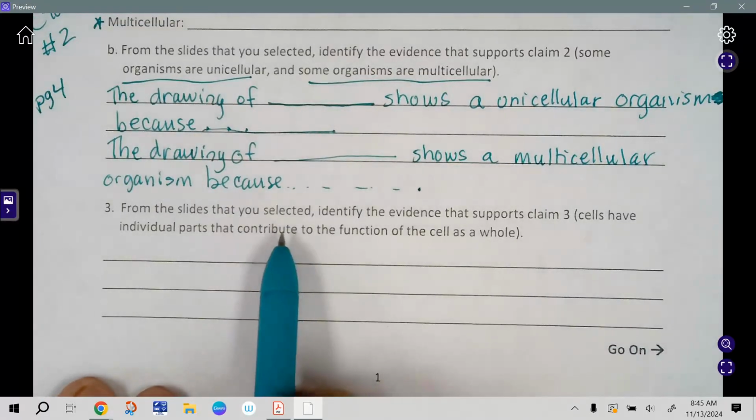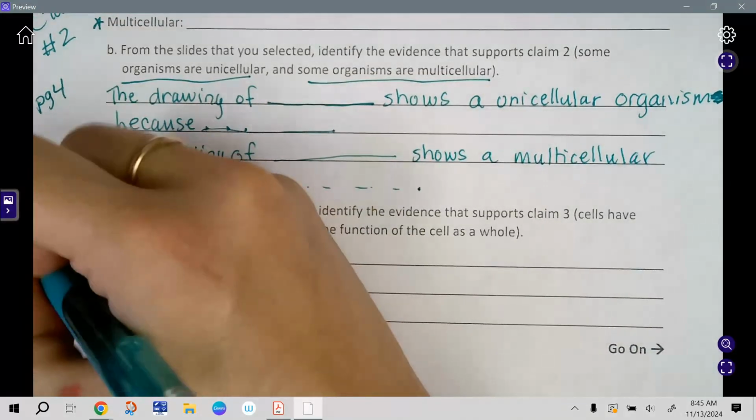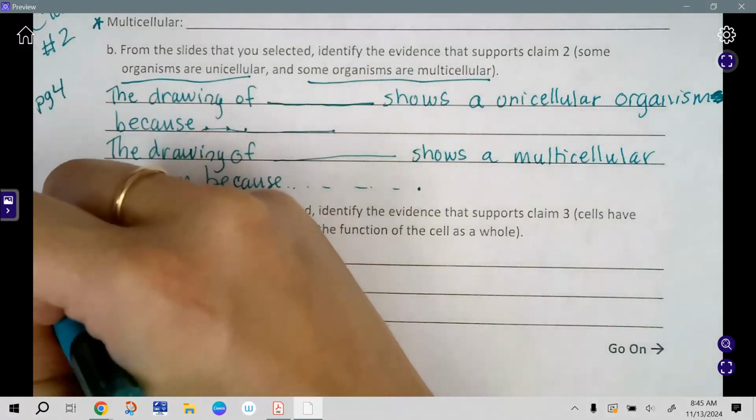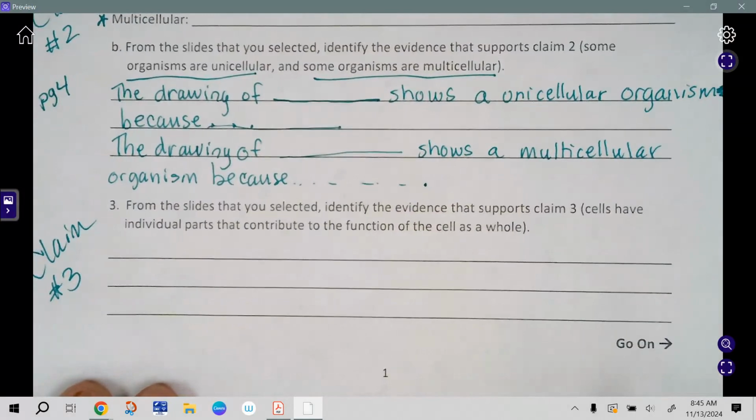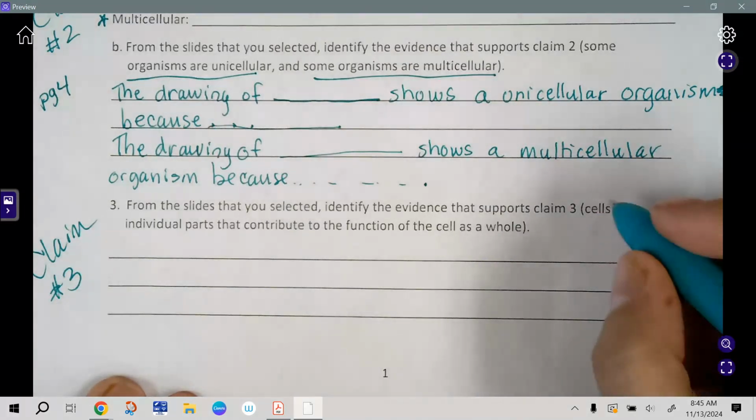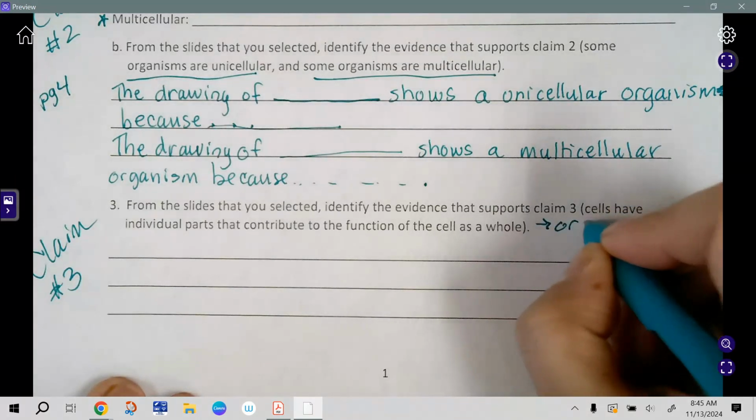From the slides you selected on page 4, identify the evidence that supports claim 3. Cells have individual parts that contribute to the function of the cell as a whole. Right? So we're thinking about all of our organelles.